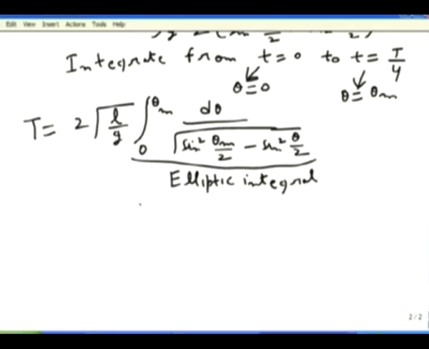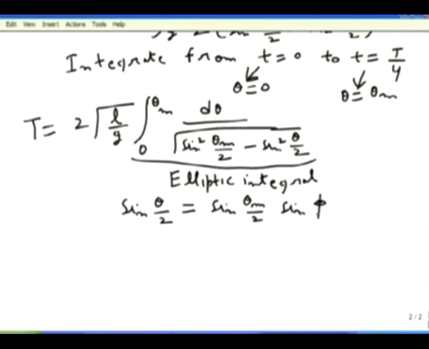One can use the expression sin theta by 2 is equal to sin theta m by 2 times sin phi.